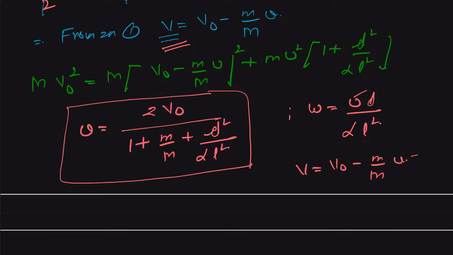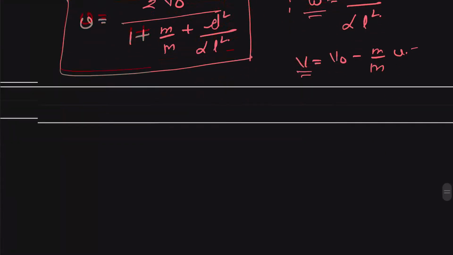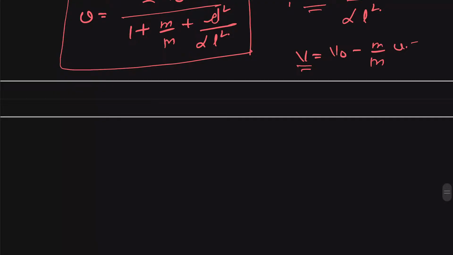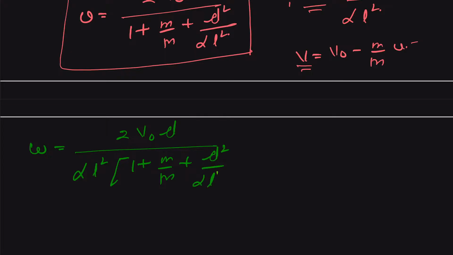So I'm directly going to put these two equations in terms of v naught and substitute the value of v. So omega will be equal to twice v naught times d upon alpha L square times (1 plus m upon capital M plus d square upon alpha L square).